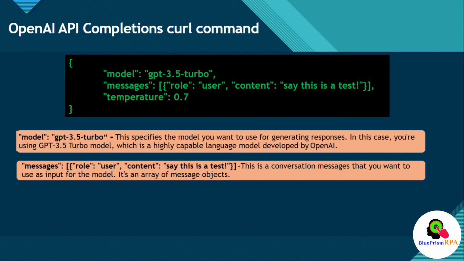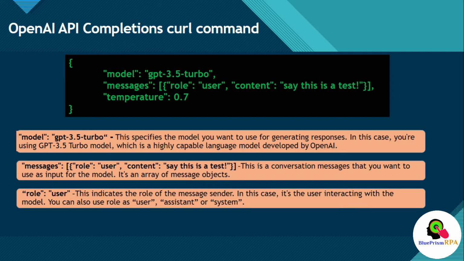After this messages, you can see there are two properties, role and content. Role has the value user, and content has the value say this is a test. This is the content that we are going to pass to the API server. In ChatGPT, this is a prompt. So this content is a prompt.